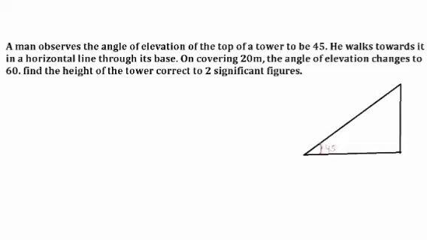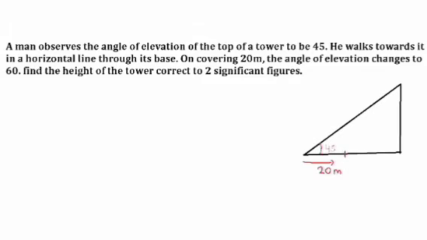Now it is given that on covering 20 meters, the angle of elevation changes to 60 degrees. If you are going towards the tower, the angle will increase. So he is covering 20 meters towards the tower.